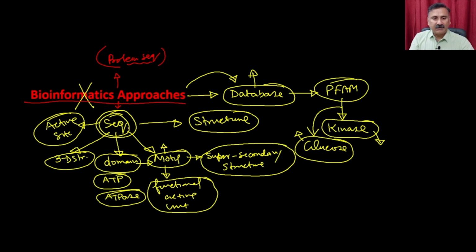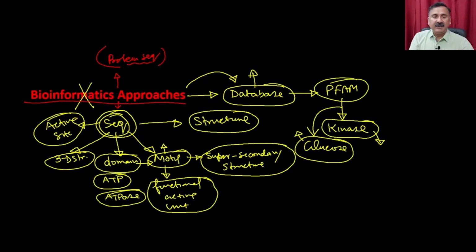One, you can take the sequence and compare it with different types of other sequences, and based on that it will tell you the location of the active site, because in your sequence the active site position is not known. But if you identify the homologous sequences and compare them, for the homologous sequences you know where the active site is, so based on that you can do the active site analysis.